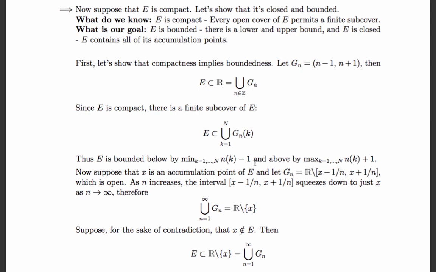So if x is not in E, then every entry of E is a real number not x, which means E is contained in the complement of x. In other words, the set of all reals but x. And the set of all reals but x is equal to the union for n equals 1 through infinity of G_n.